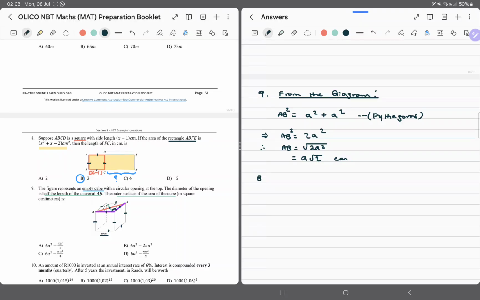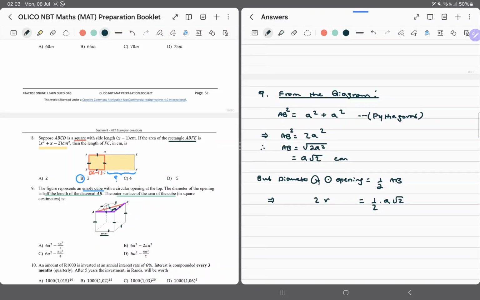We can say the diameter of the circular opening is equal to half the size of AB. That was given. Now the diameter is 2 times the radius, and this is half of AB, which is basically a square root 2.